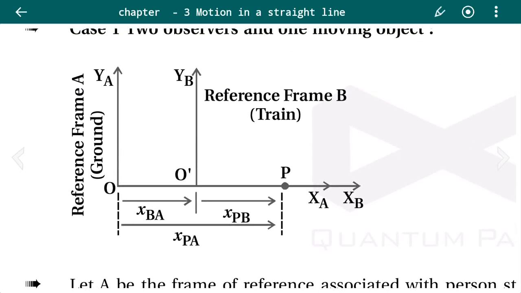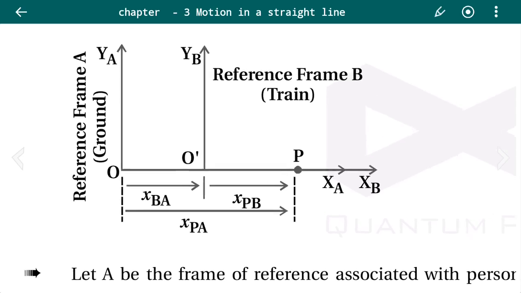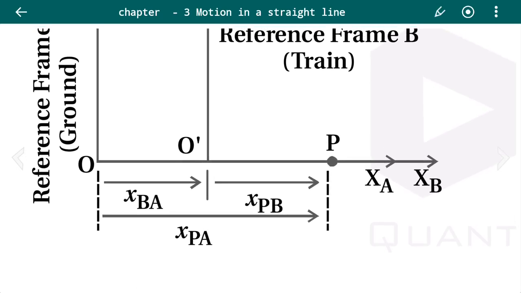So the object is at point P, and the position of that object with respect to the ground is XPA, right? As you can see over here, the distance of P from O is XPA. This shows the position of the object P with respect to reference frame A.